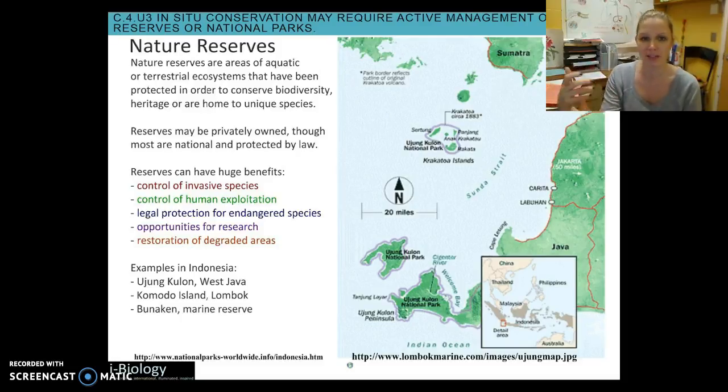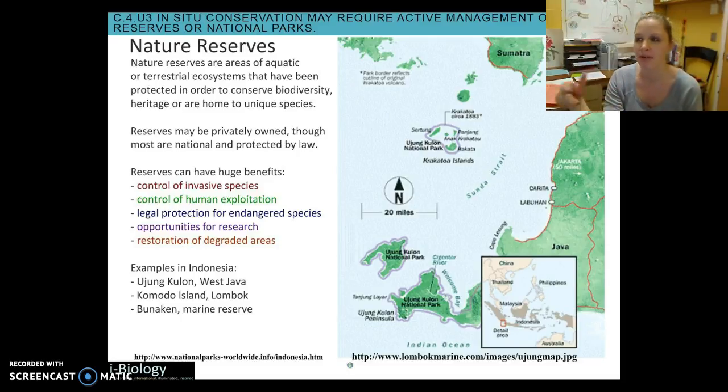Usually we can't exploit a nature reserve. You can't go logging in the middle of a nature reserve, right? You've protected endangered or extinct species, whatever that may be. Researchers are usually allowed in to figure out whatever research they want to do. Most reserves are not privately owned, but they can be.